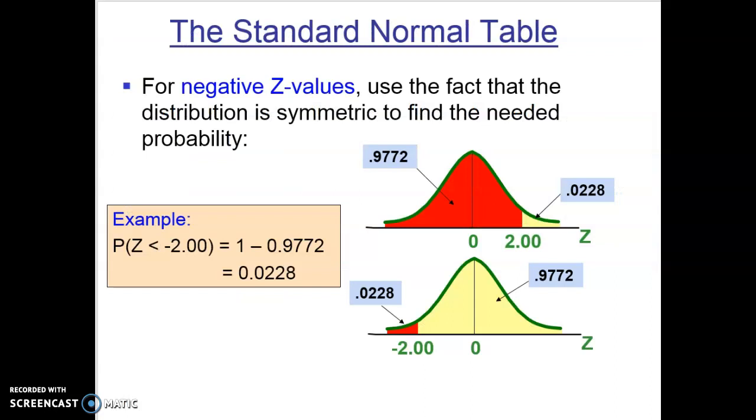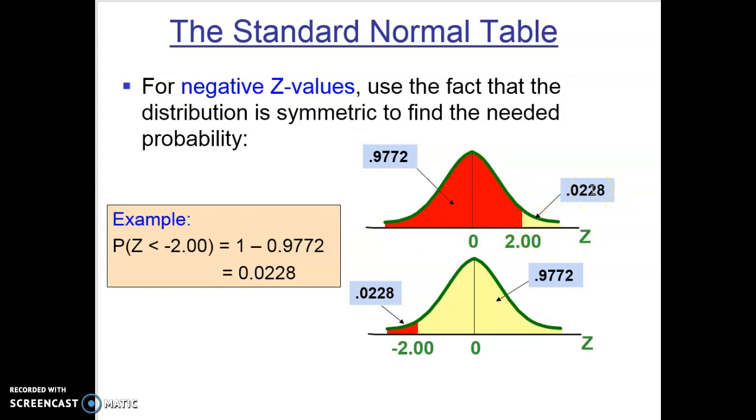The standard normal table is symmetrical. So once you calculate the probability of one side of the tail, you automatically calculate the other side. For example, if we say that the probability of getting a value up to 2.00 is 0.9772, just like we did, then that automatically tells us that what's left up here is 0.0228.